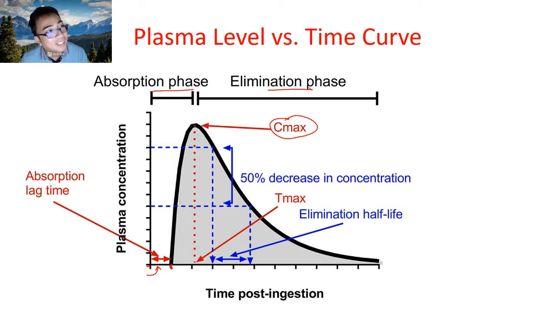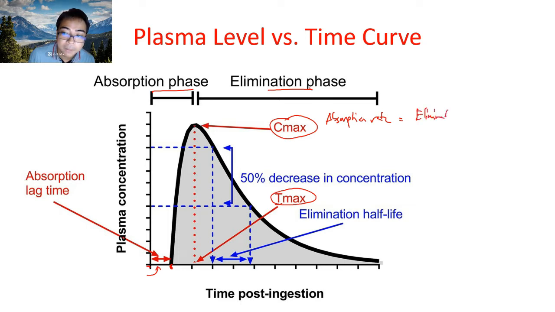So, kung extravascular, class, ang gamot mo, Cmax is achieved after a certain period of time. That's Tmax. Okay? Also, class, sa Cmax, this is the point where absorption rate is equal to elimination rate.